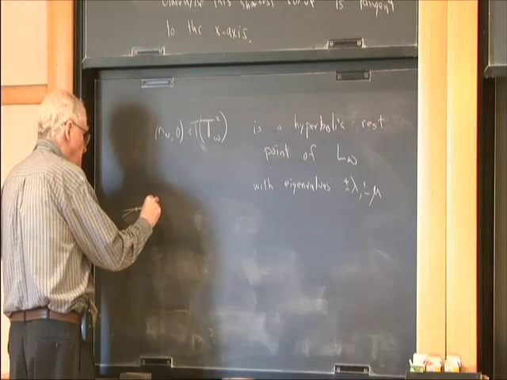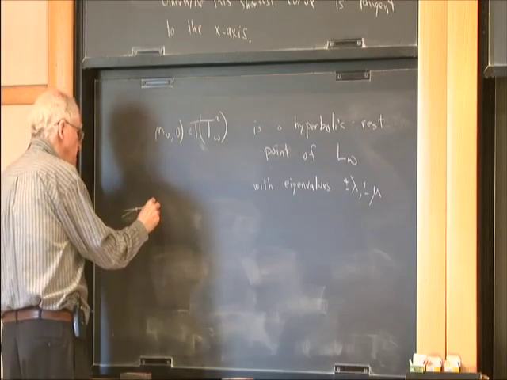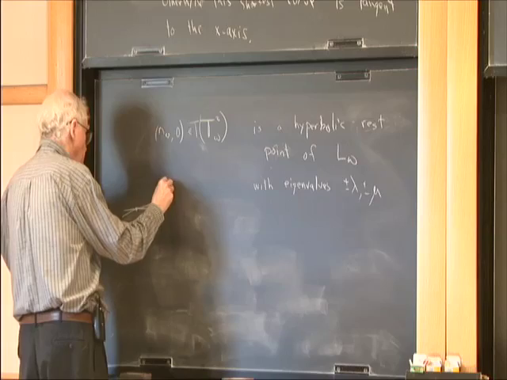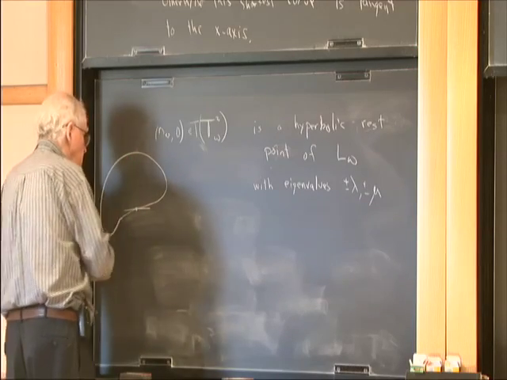in the class, and now if that's simple and passes through n omega, I'm making the further condition that it's tangent to the x-axis.